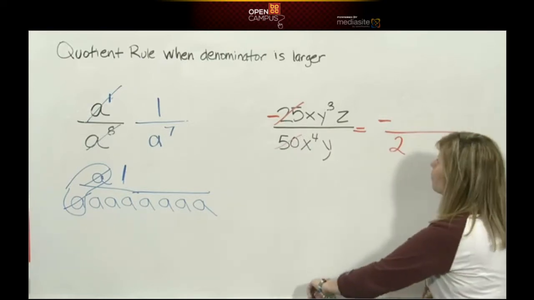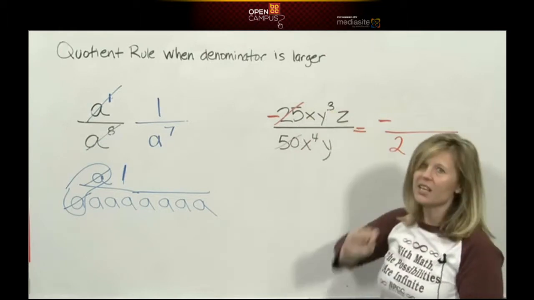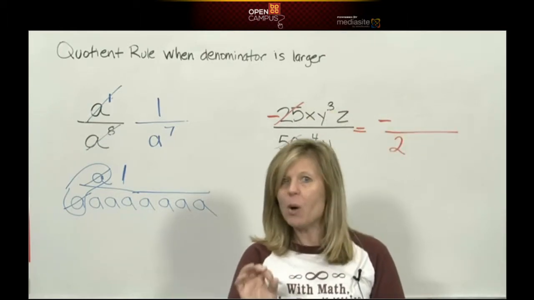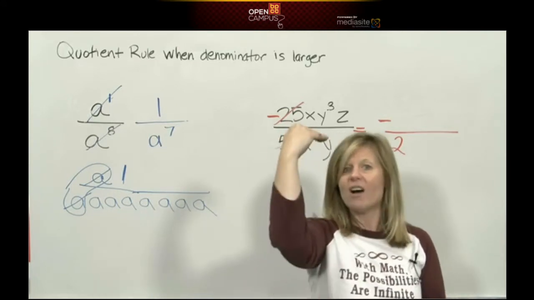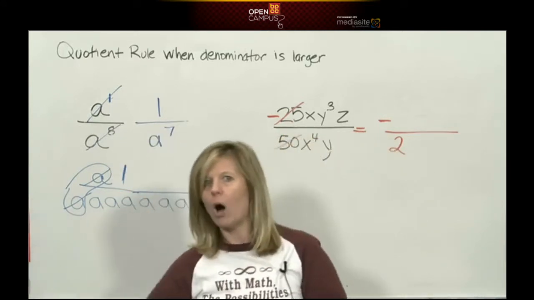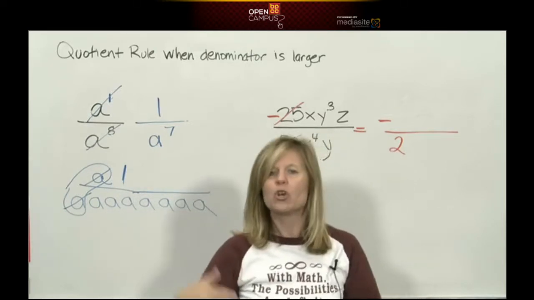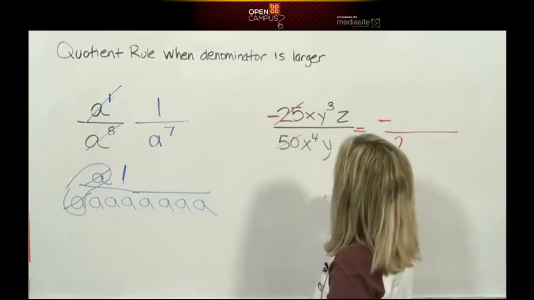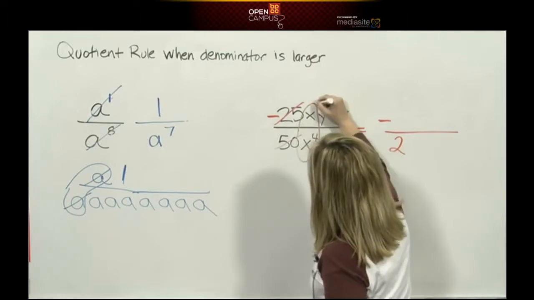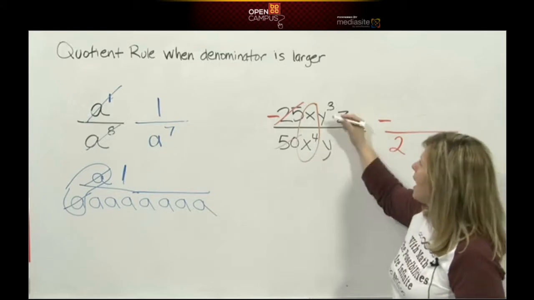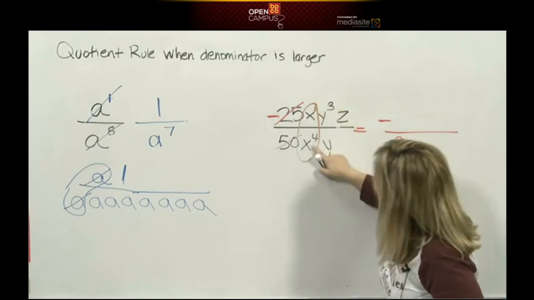Now we're going to take care of our variables. None of these variables are like terms. They're not identical, but they do have the same base. We could divide an x with an x, a y with a y, and a z with a z, because the rule is when we divide variables, we subtract exponents. So here we go. I want to divide x with x to the 4th. What are my exponents? They are 1 and 4.